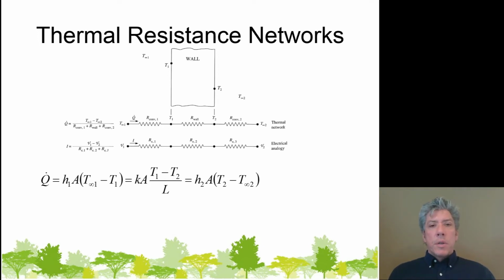The only thing we need to do is write the heat transfer rate equation, and when we're talking about air inside the home, that's natural convection, through the wall is conduction, and then outdoors would be convection as well in our simplified model here. So you see that the first term after Q dot is equal to h1 A delta T, where we've got the temperature of the air inside the home and the temperature of the wall, T1, as the driving force for heat transfer.